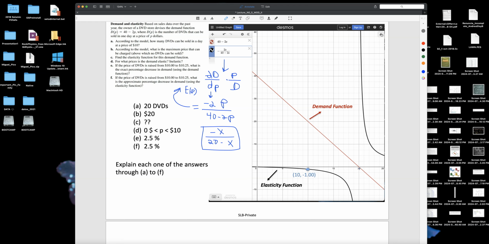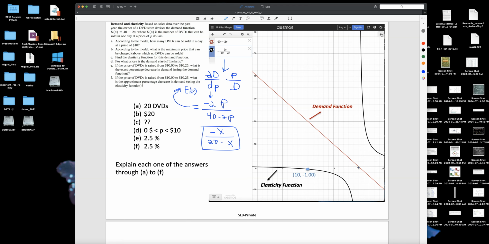In other words, you are not going to sell anything. Well, that is when the demand is equal to 0. Well, that maximum price is $20.